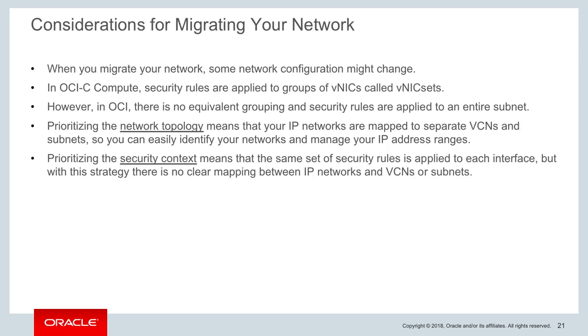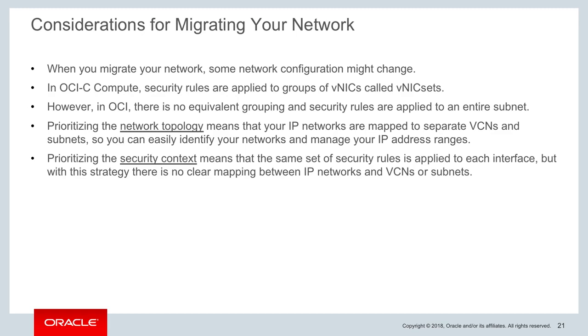When you migrate your network, some network configurations might change. In OCI Classic, security rules are applied to groups of VNICs called VNIC sets. However, in OCI, there is no equivalent grouping and security rules are applied to an entire subnet.